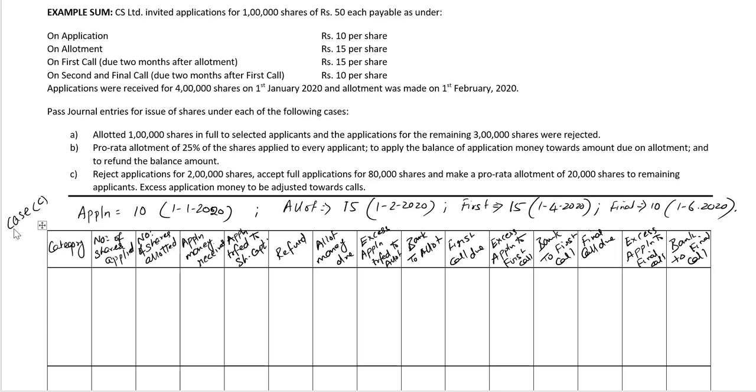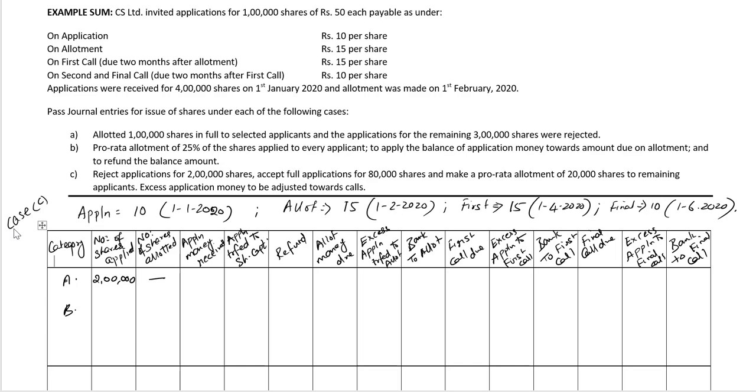Let's write down the categories. We'll name them A, B, C. Category A, reject applications for 2 lakh shares. So number of shares applied in category A is 2 lakh shares against which no allotment is made because these shares are rejected.